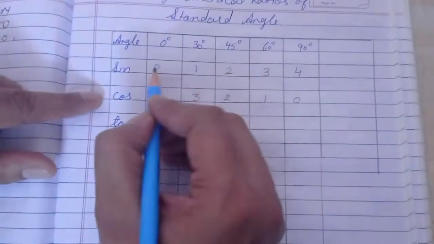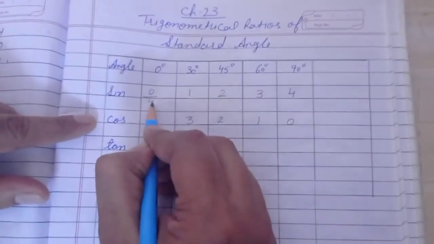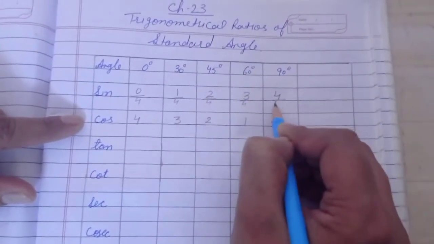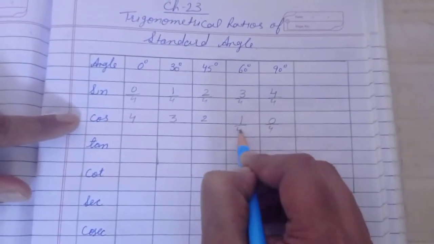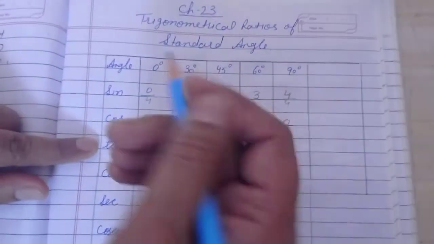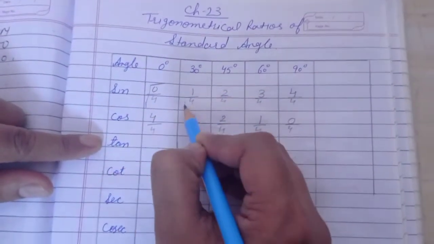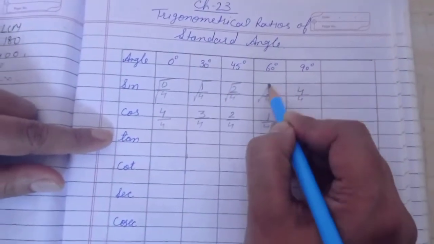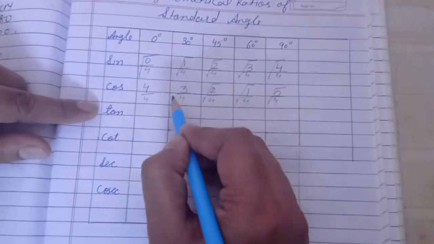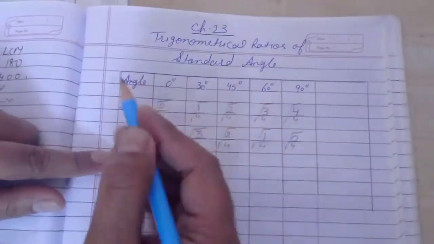Clear? Now divide all these numbers by 4. See, I am going to divide. Look here, 0 divided by 4, 1 divided by 4, 2 divided by 4, like this way. Then the next step is to take the square root of all these fractions which are obtained. Clear? So children, what will you get after that?